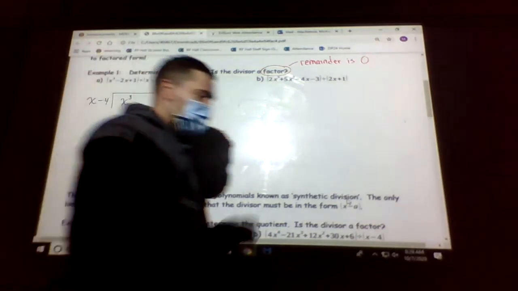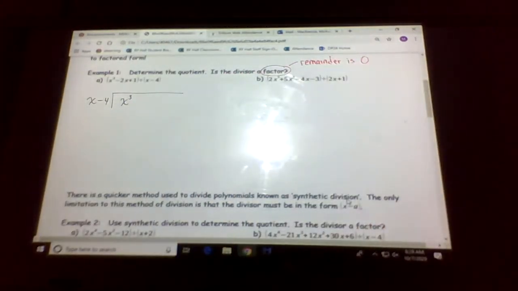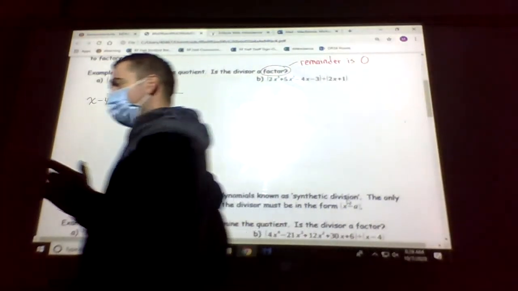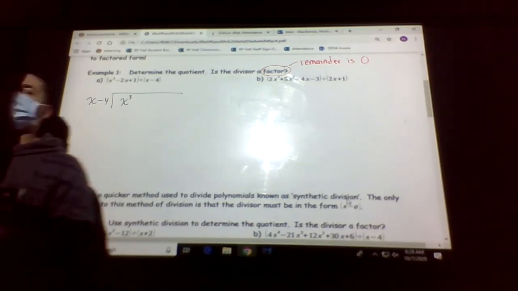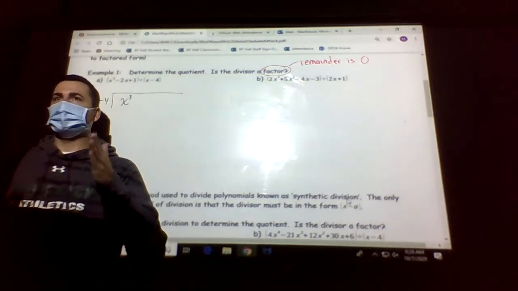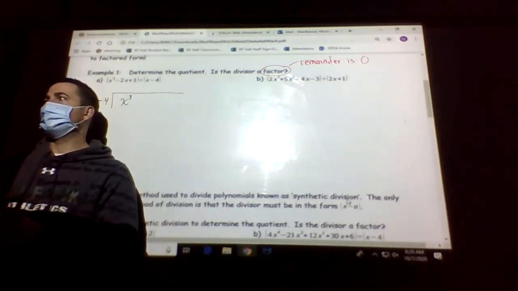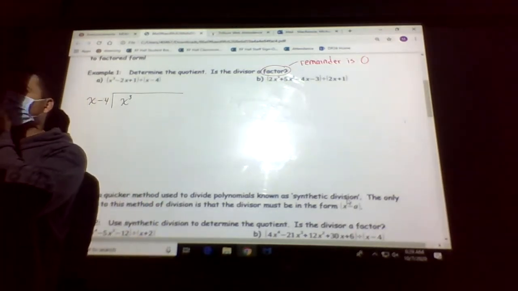There is one key component or a trick you have to identify every time you divide. Something has to occur, or else it won't work. You need to have your variables decreasing in exponents. So what's my highest exponent here? 3.